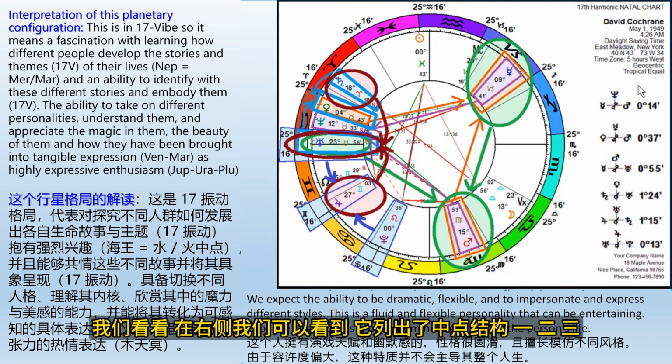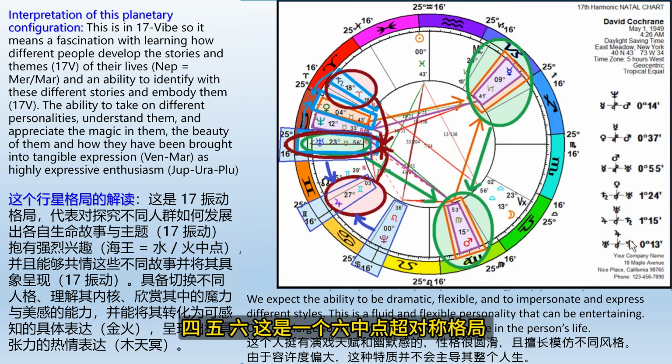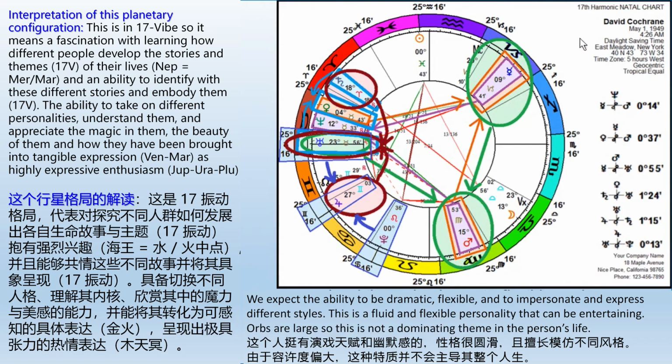Let's see, on the right side it lists the midpoint structures 1, 2, 3, 4, 5, 6. This is a 6 midpoint supersymmetry pattern, and there are 8 planets involved if you count the number of planets. So, if you don't know the number of planets and you know just the number of midpoint structures, that's okay.